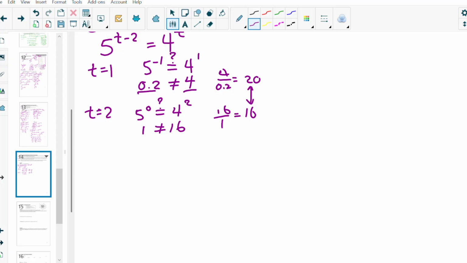Let me do t equals 3. So we're going to ask, is 5 to the 1 equal to 4 to the 3? Well, 5 does not equal 64.